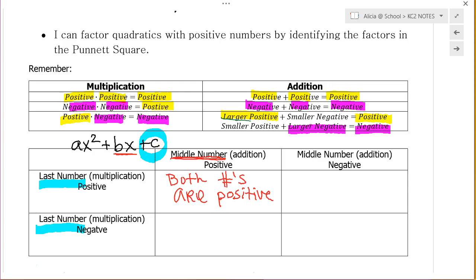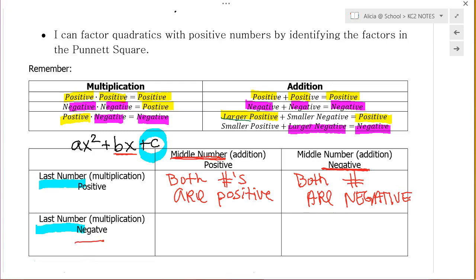If I have that last number that's a positive, but the middle number is a negative, what that means is that both numbers are negative. Because, remember, looking up to the top, two negatives multiplied together gives us a positive, but when we add them, we need a negative.